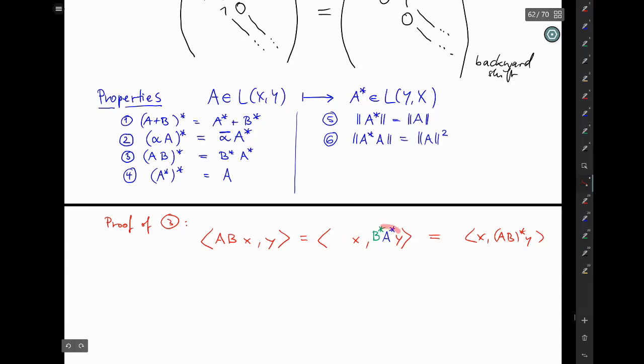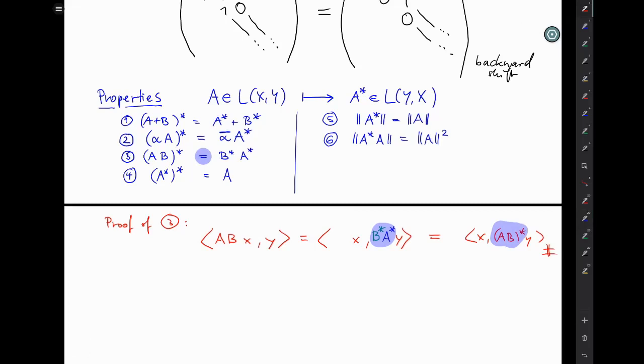And what you see in the second component must then be the adjoint of AB applied to your y. So you can argue directly that this operator B star A star must do the same as (AB) star, and of course that was our claim.